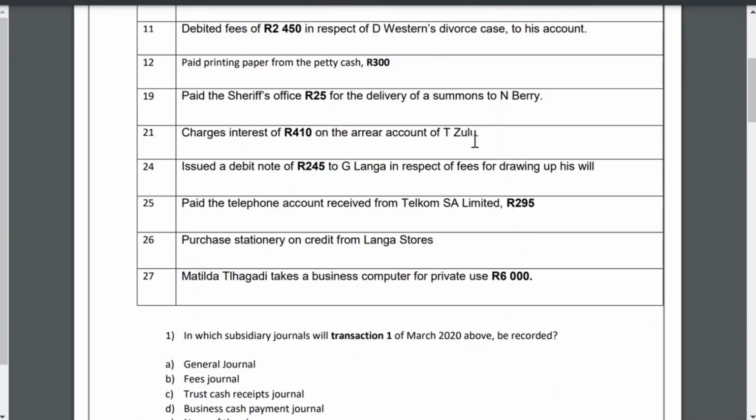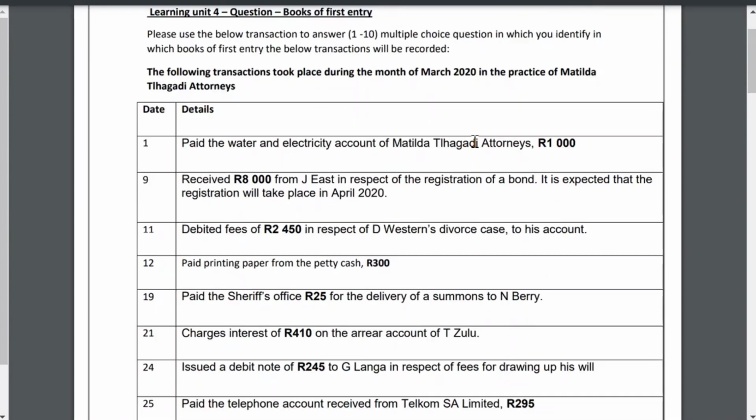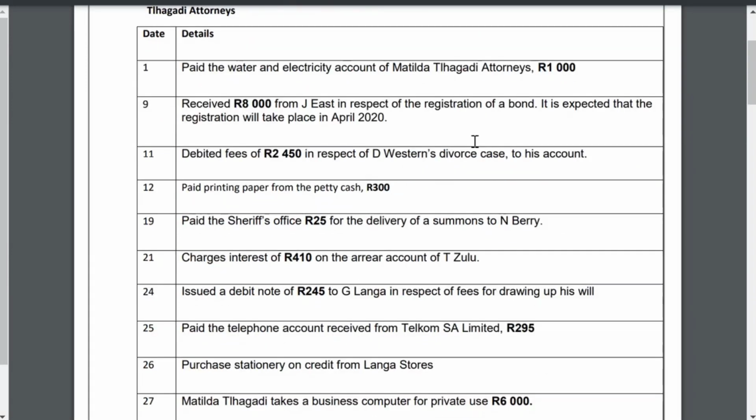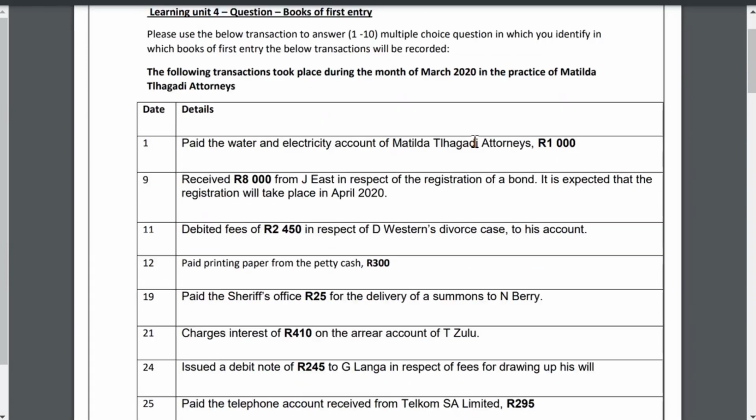So I've got another exercise, guys. I want to make sure that you understand recording transactions in the books of first entry.